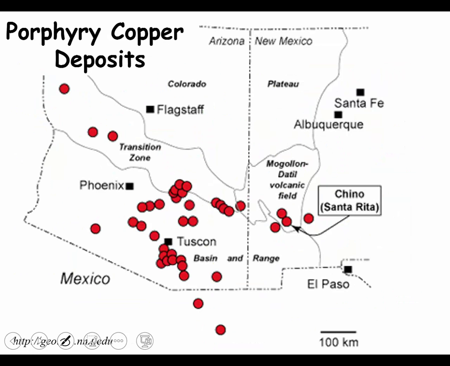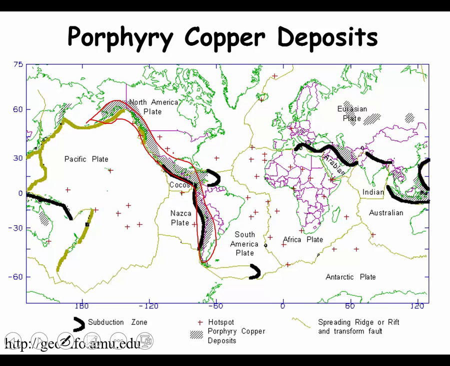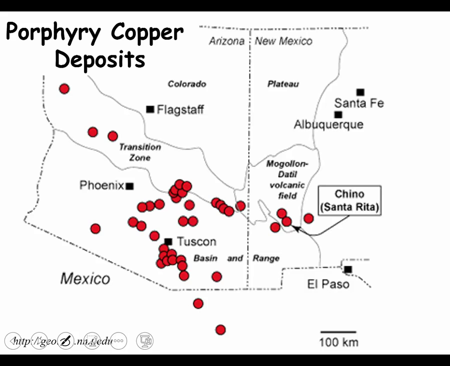So let's just look at our porphyry coppers, and interestingly, they're sitting over here. So you might ask, why do we have porphyry coppers in New Mexico? And the reason simply is that 35 million years ago, that was a convergent margin. It was a very gentle slab, so there was a pretty good distance between the volcanoes and the plate margin.